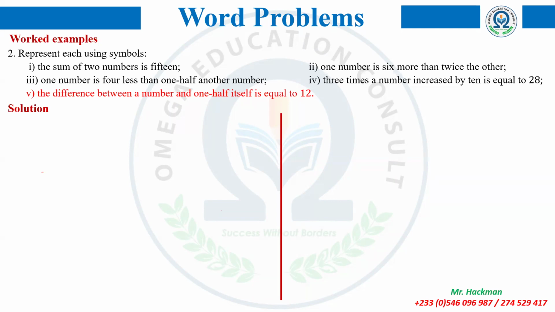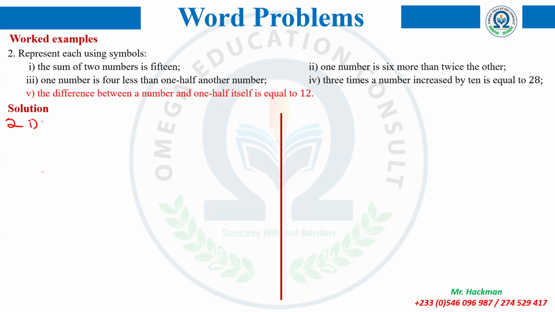So in this case, you can see that unlike the other one, where the numbers were already defined with the letter x, here there is no definition. So this is how we are going to proceed. We will let our number be equal to what? x. So solution to question 2, question 2I.